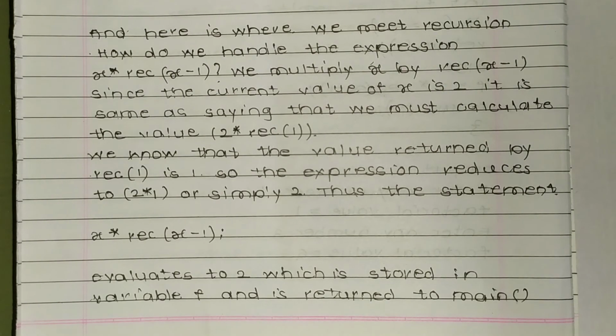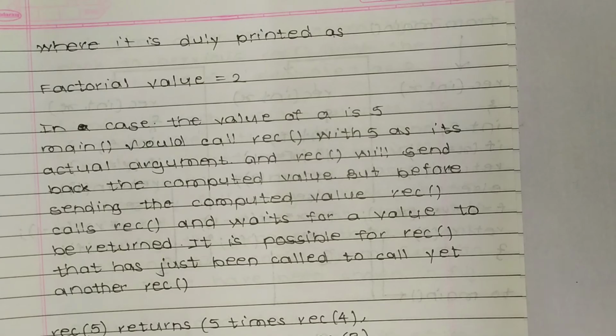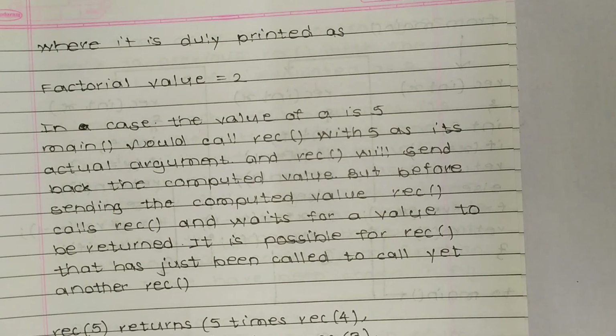We know that the value returned by rec 1 is 1, so the expression reduces to 2 star 1, or simply 2. Thus the statement x star rec x minus 1 evaluates to 2, which is stored in variable f and is returned to main, where it is duly printed as factorial value 2 is equal to 2.